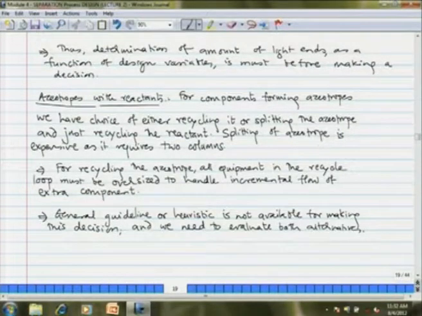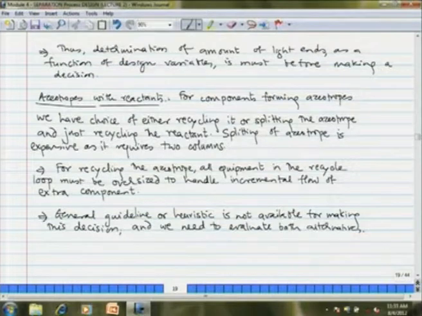Azeotropic distillation, as I already mentioned, is an expensive operation, because to break the azeotrope many times you have to use a third component called an entrainer, and then you require two columns. The first column is for the azeotropic distillation, and the second is to recover that entrainer and recycle. For recycling the azeotrope, all equipment in the recycle loop must be oversized to handle the incremental flow of the extra component.